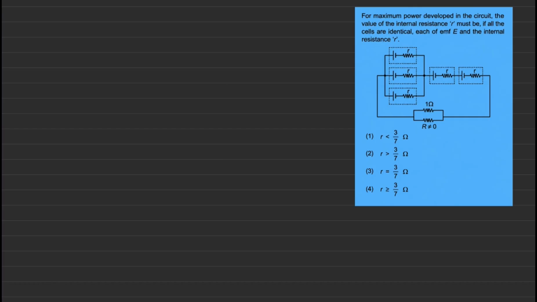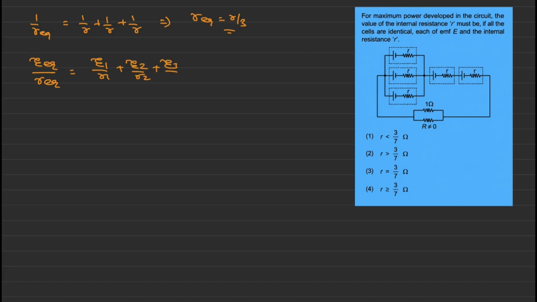First, we will solve for this parallel combination. 1 by R equivalent value will become equal to 1 by R plus 1 by R plus 1 by R. From here you can say R equivalent value will become equal to R by 3. Next, the formula for E equivalent is E equivalent divided by R equivalent is equal to E1 by R1 plus E2 by R2 plus E3 by R3.